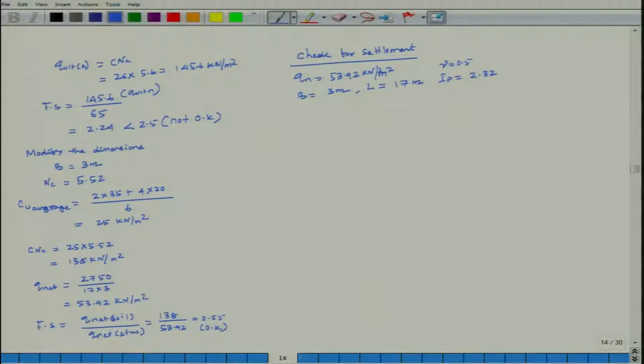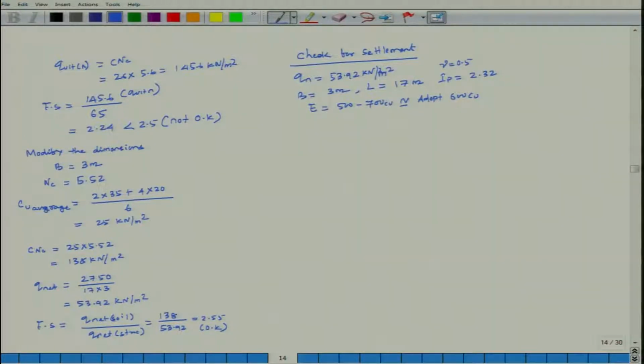You can take E, modulus of elasticity of clay, between 500 to 700 Cu. So, adopt 600 Cu, you can take 500, you can take 700, this is the range.